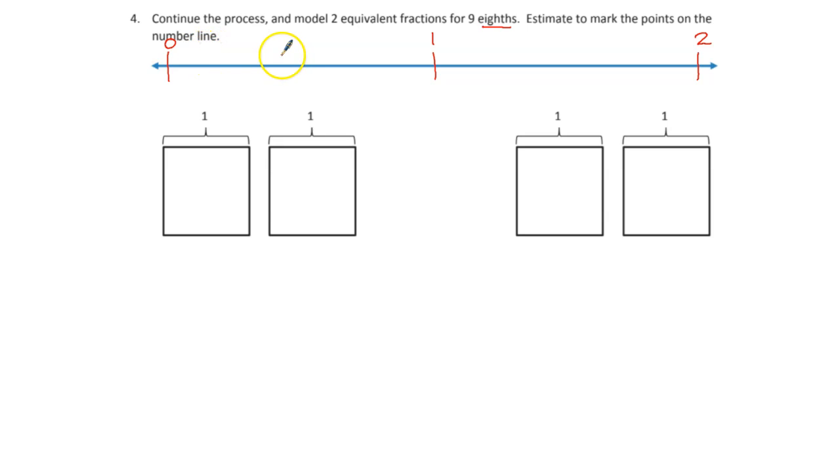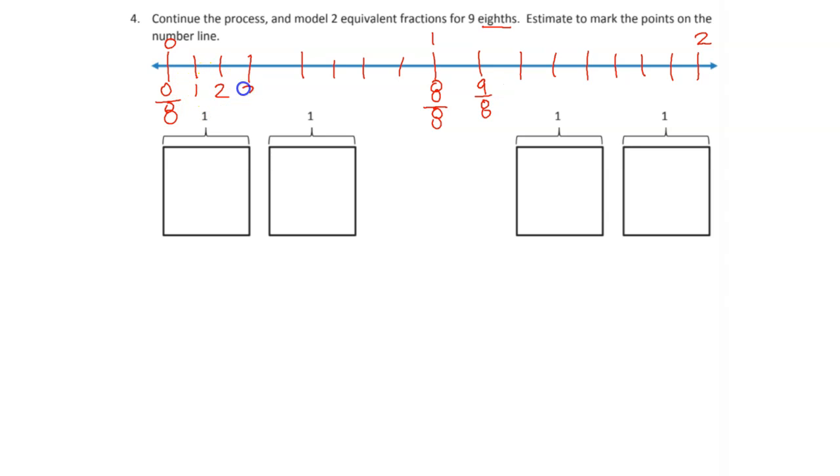So I'm going to say 7 is going to be 1 in the middle of the whole, and then 3 on each half. So if 0 is 0/8, and 1 is 8/8, I know that 9/8 would be right here.